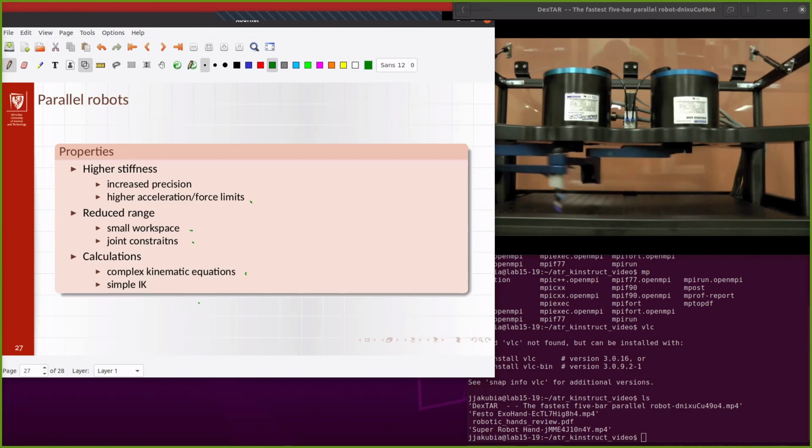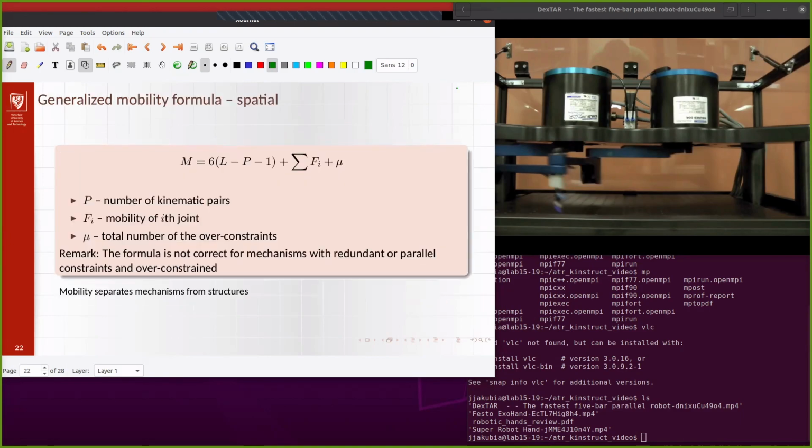Okay, so who works on this and considers these different mechanisms, and why do people think about these formulas and about mobility? It's the part of robotics that you can find in mechanical departments.